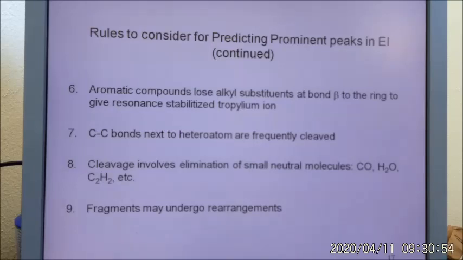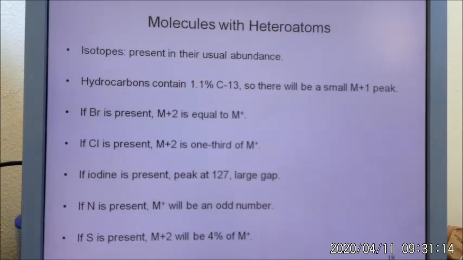Okay, if you can eliminate small neutral molecules like carbon monoxide, water, ethylene, you'll see that a lot. We'll talk about a rearrangement there. And also rearrangements like hydride shifts and methyl shifts in order to form the more stable carbocation. We'll see a lot of that as well. Alright, so let's take a look.